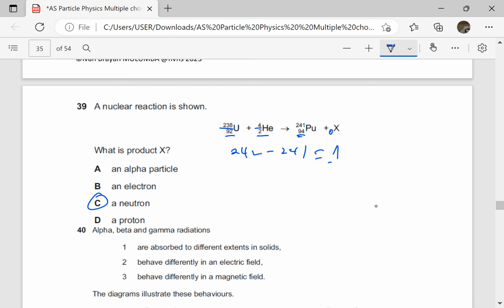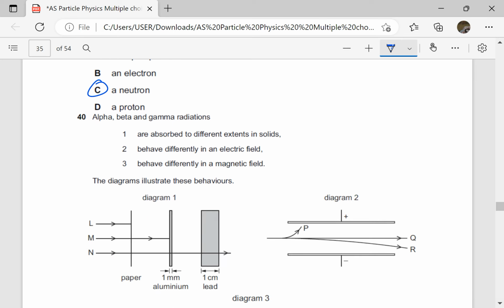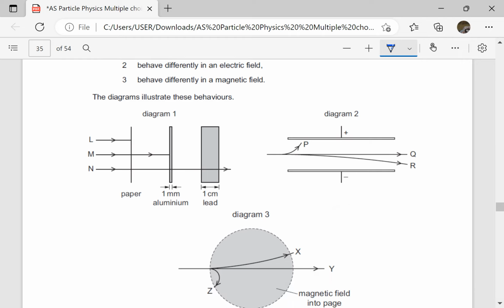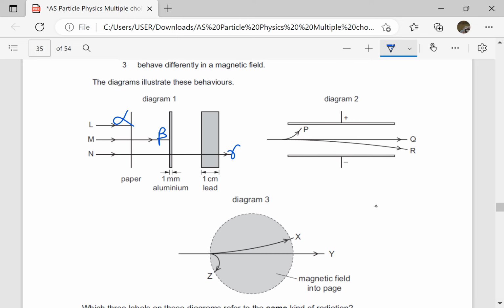It is a neutron. Alpha, beta, and gamma radiations are absorbed to different extents in solids, and behave differently in an electric field and in a magnetic field. The diagrams illustrate these behaviors. So we see, of course, this is going to be gamma, this is beta, and this is alpha. Here, we explain that this Q is gamma, R is going to be alpha, P is going to be beta.